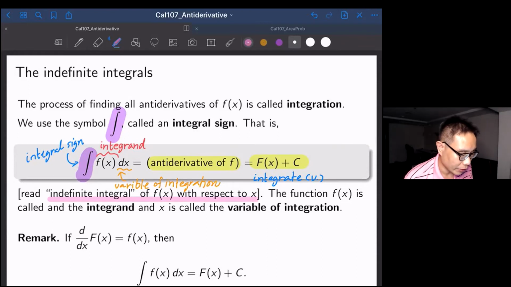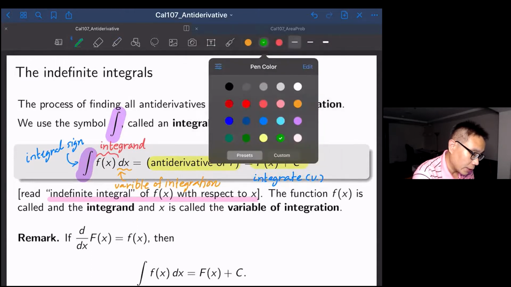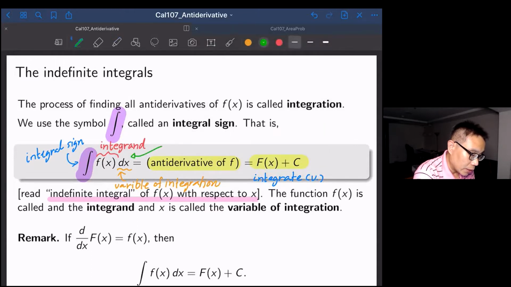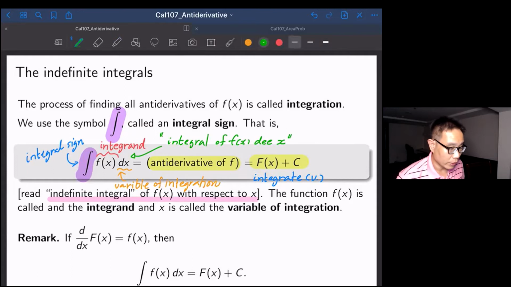Normally, we're going to say this in short as the integral of f(x) dx.